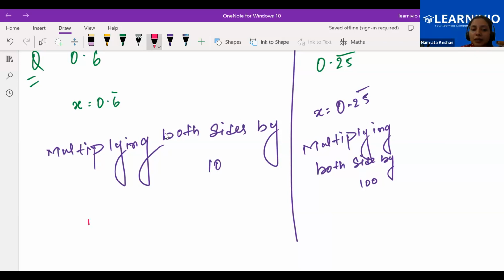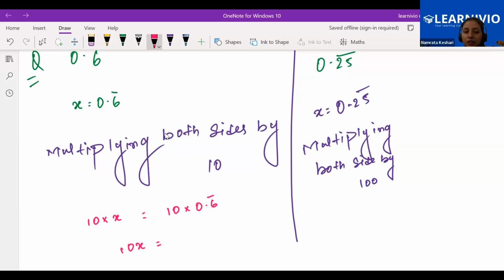Okay, now let's multiply both sides by 10. 10 into x is equals to 10 into 0.6 bar. Any confusion, Ayan and Sarah? No, ma'am. Now 10 into x, can we write it as 10x? And 10 into 0.6 bar?